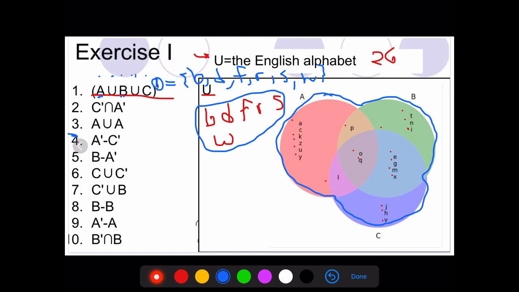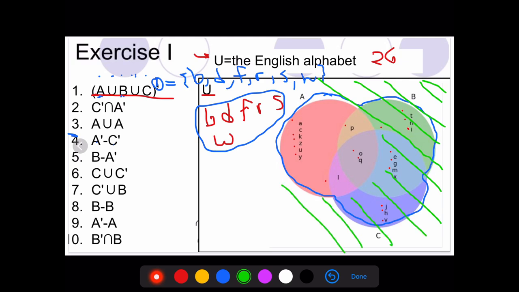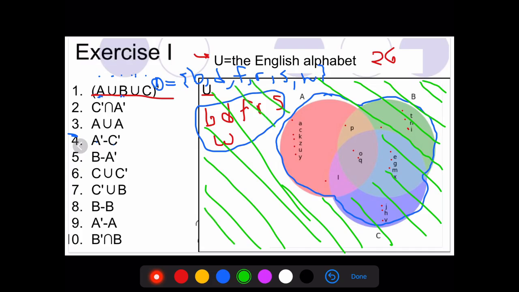The complement of A minus the complement of C. So again, we're going to find the complement of A, and I'll make that green. Complement of A minus the complement of C, and C I'm going to put in blue. Complement of C.